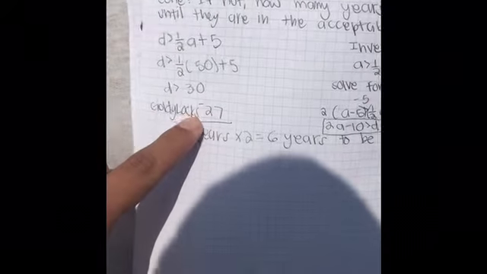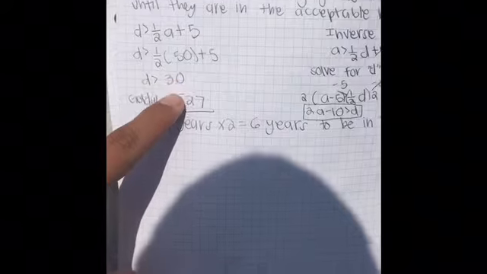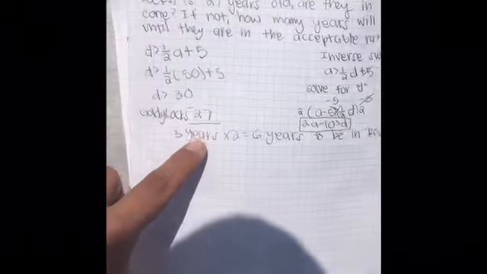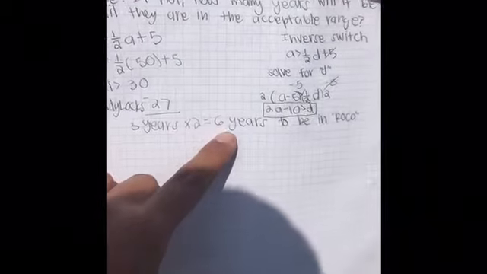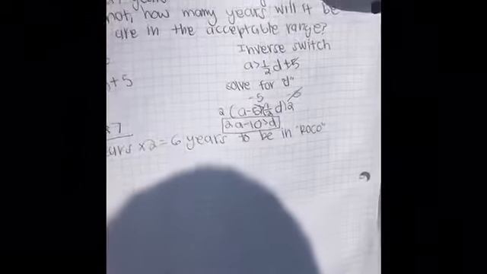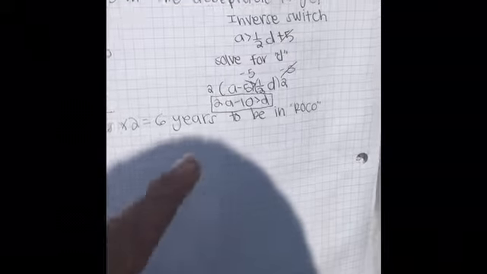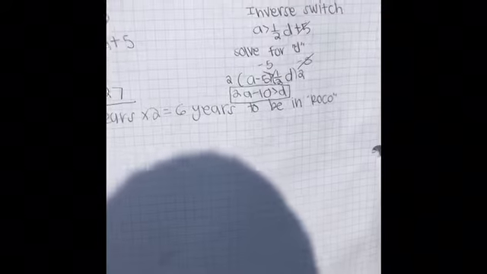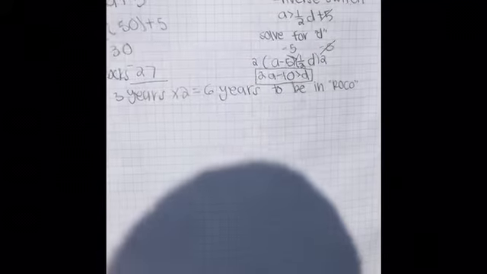Then once you do simple math, you get 30, and then you would subtract Goldilocks' age, his wife. Once you get the years, you would multiply it by 2 to get how many years it would take for them to be in the range. And for the inverse, to see the oldest, you would just switch A and D. Once you solve for D, your equation ends up being 2A minus 10 is less than D. And if you plug in an age for that, you'll find the oldest age one of them can date.